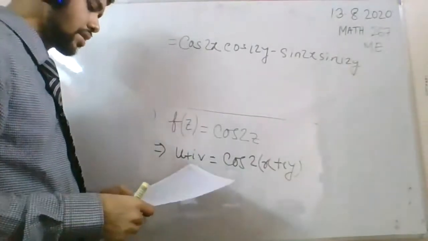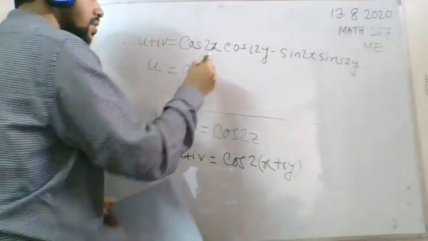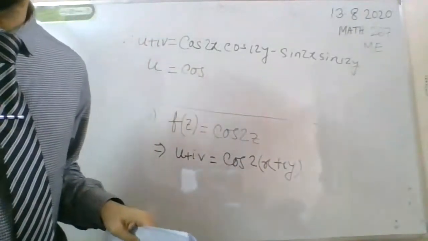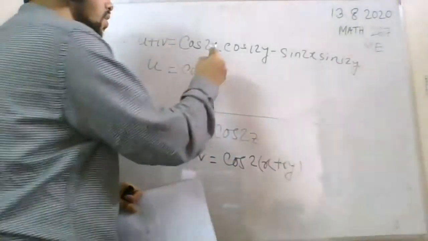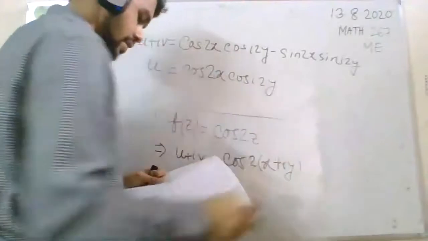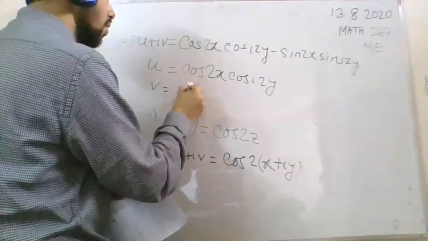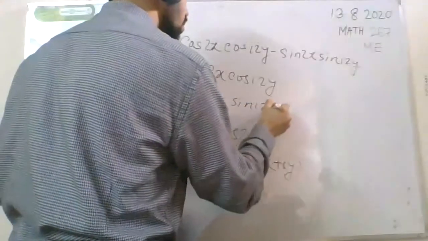Now here you can say that u is equal to cos 2x cos 2iy, plus, and also you can say v is equal to minus sin 2x sin 2iy.